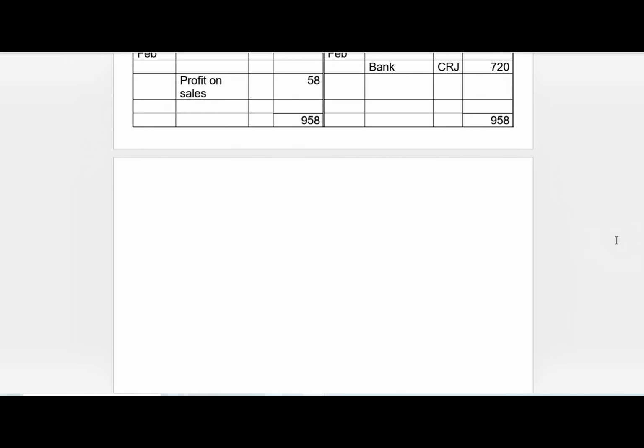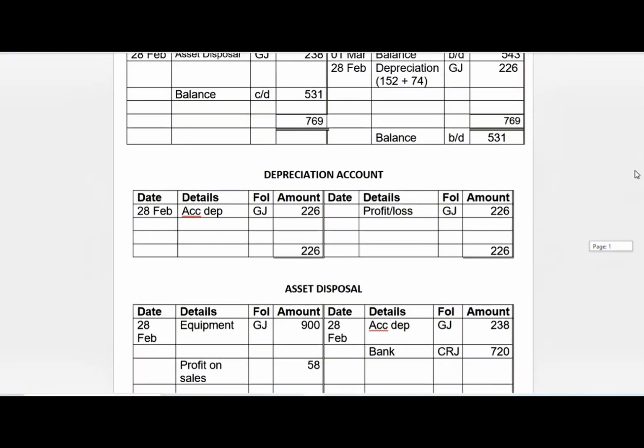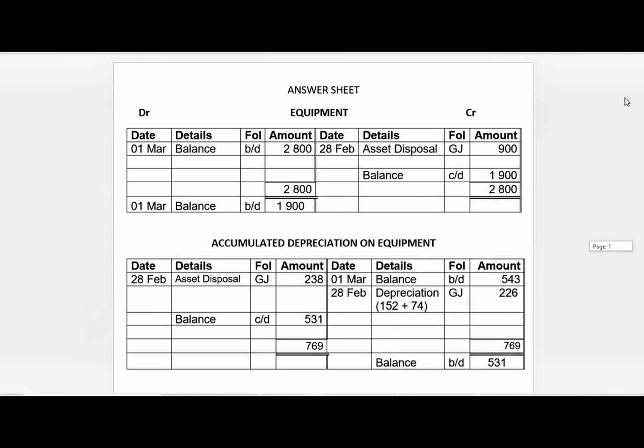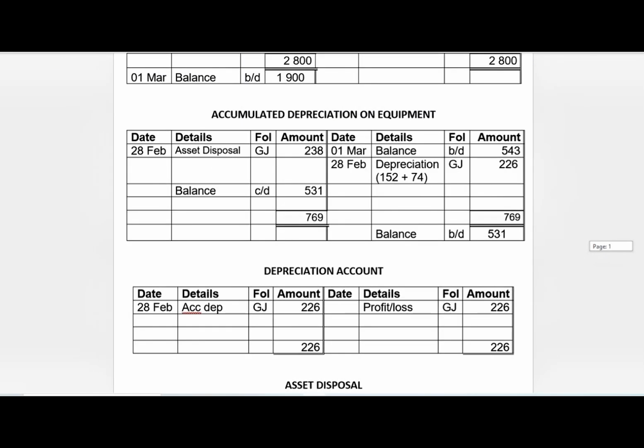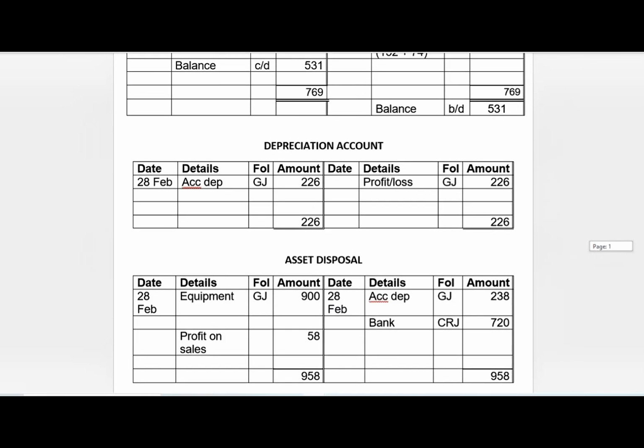So that is your asset disposal, that is your depreciation account, that is your accumulated depreciation account, that is your equipment account. That's where we started, and everything seems to be all right according to the question paper that we have been given.